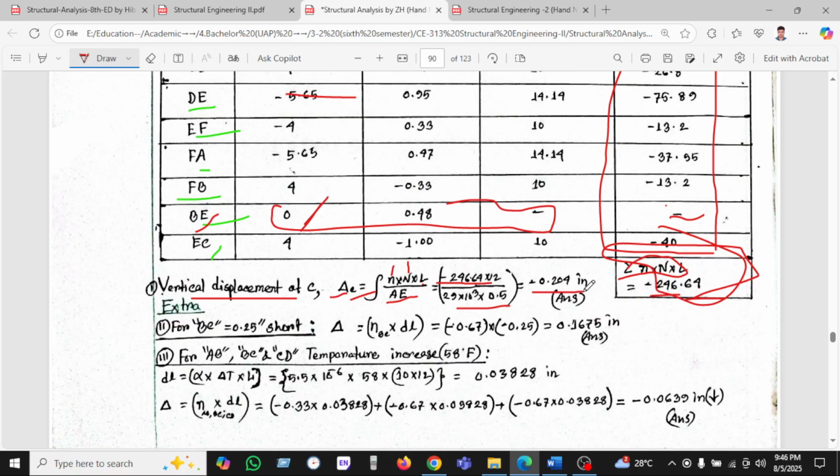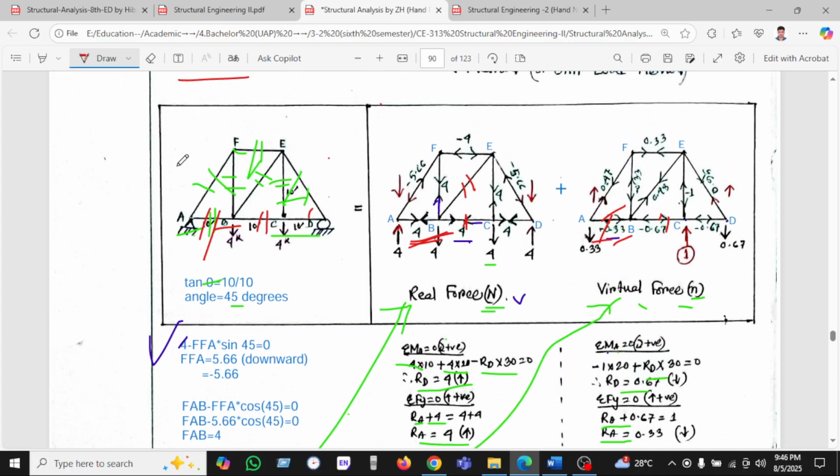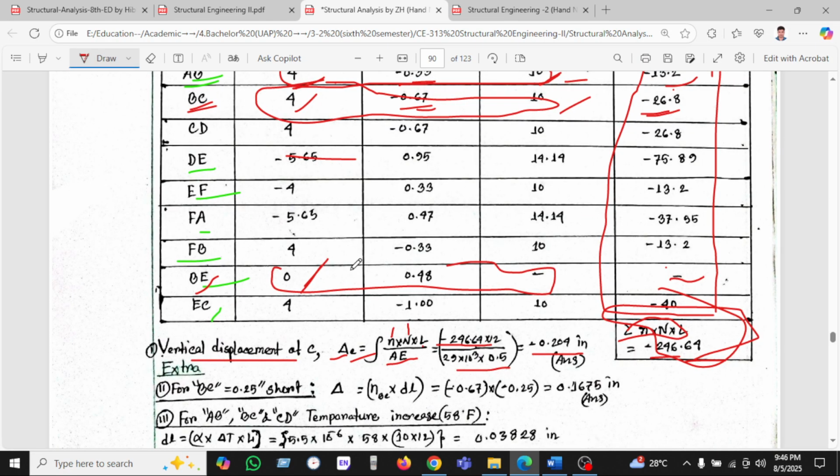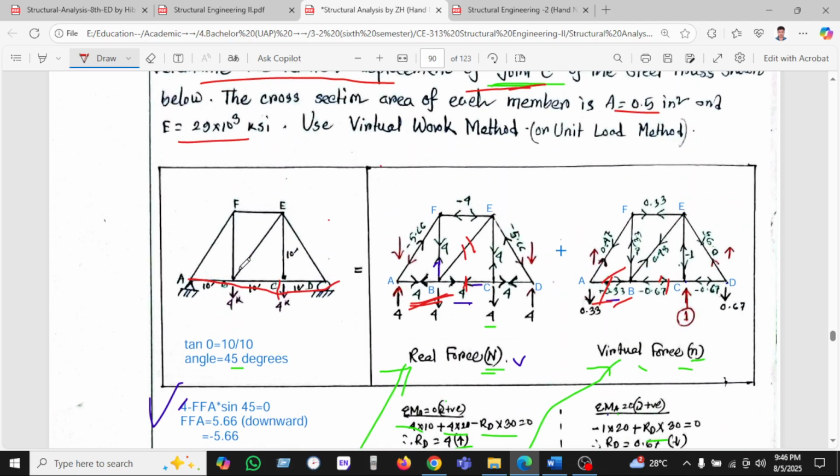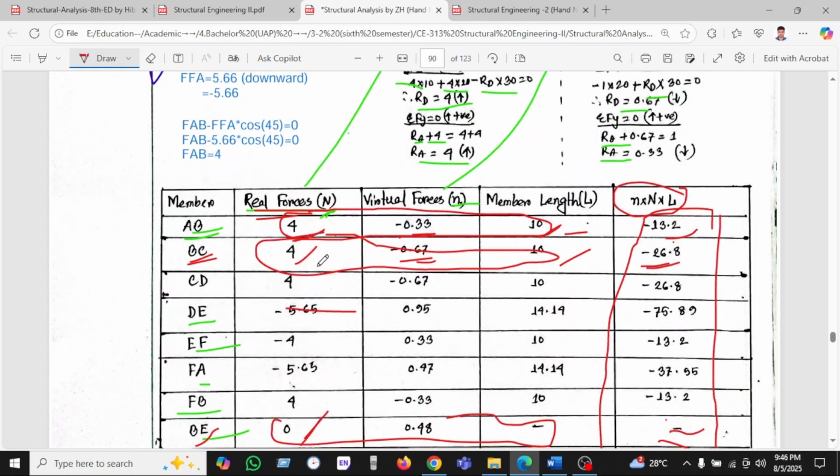What does the minus mean? As I showed here, the positive value is in one direction, so the dotted line is like this. The minus value means C is going downward, so minus 0.24 inches means a downward vertical deflection occurred for this loading.